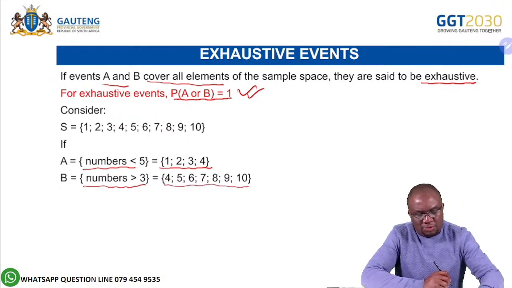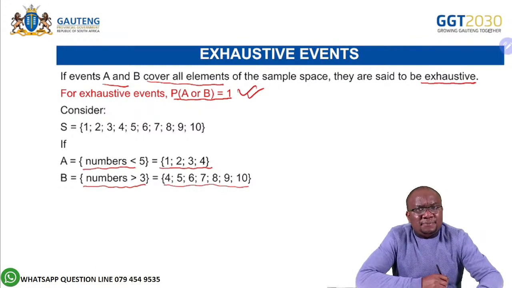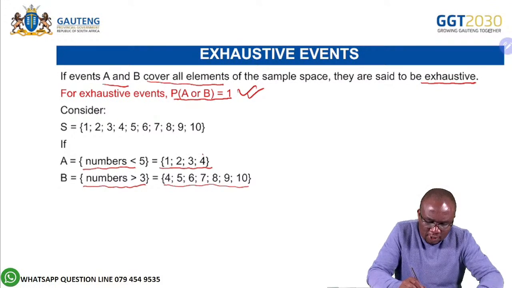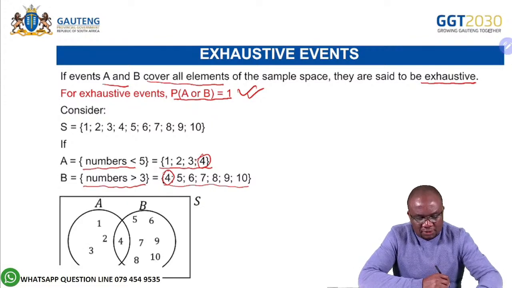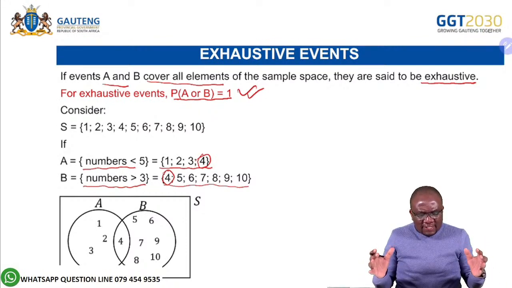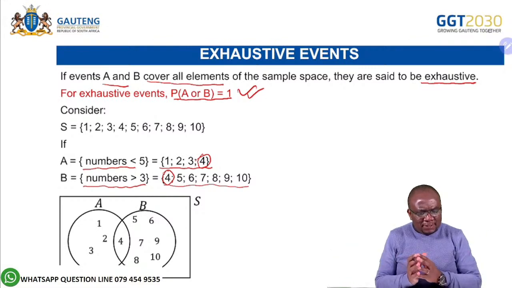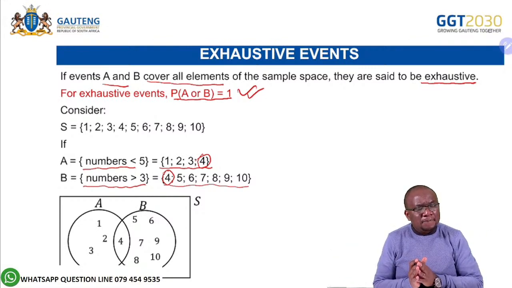If you check these two sets or events, do we have a common element? We have a common element. 4 appears in event A, 4 appears in event B. So now, if we represent this on a sample space, it's going to look like this. Have these events taken everything from the sample space?